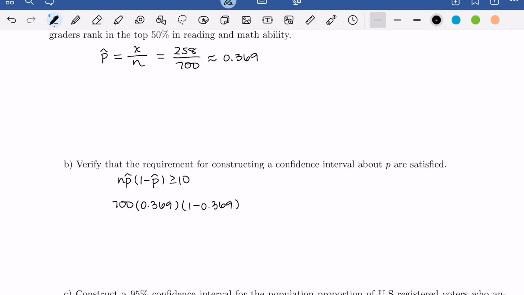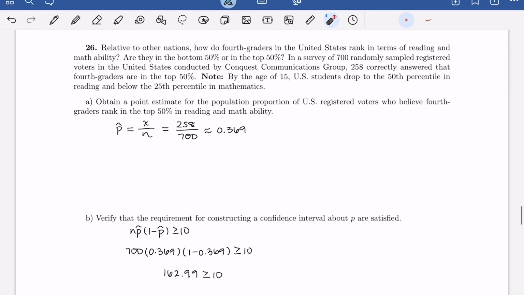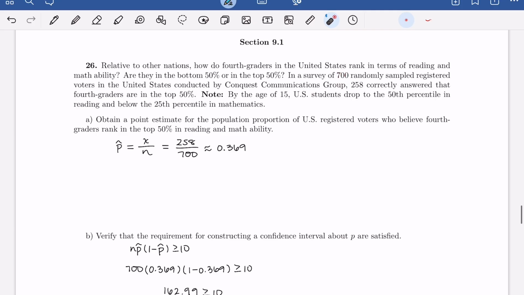This is going to give us approximately 162.99, which is in fact greater than or equal to 10. We can also assume that the sample is less than 5% of the population, since relative to the entire population, 700 randomly sampled registered voters is definitely less than 5% of the population of registered voters.